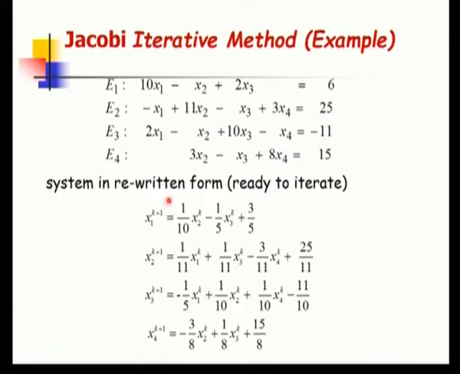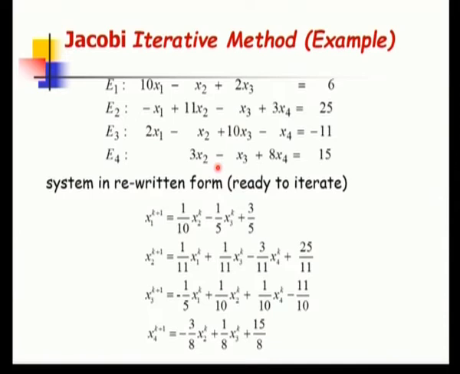As I mentioned in the previous slide, for the k plus 1th iterate, the first equation is solved for the first variable, the second equation is solved for the second variable, and so on. The third and fourth variables are solved respectively from the third and fourth equations. Here I would like to make a point that the theory says that the numerical iterative procedure will converge to the exact solution for any initial iterate if the system is diagonally dominant.